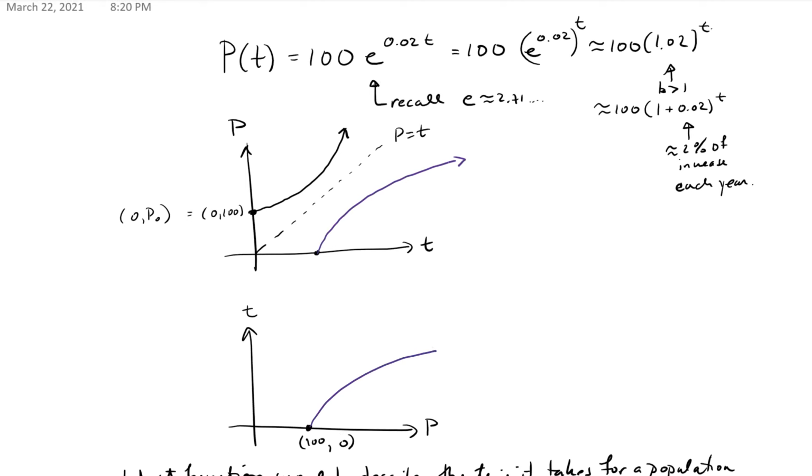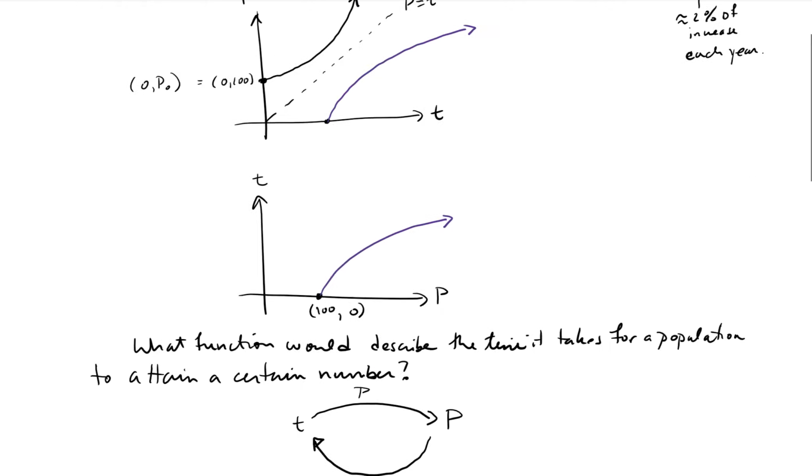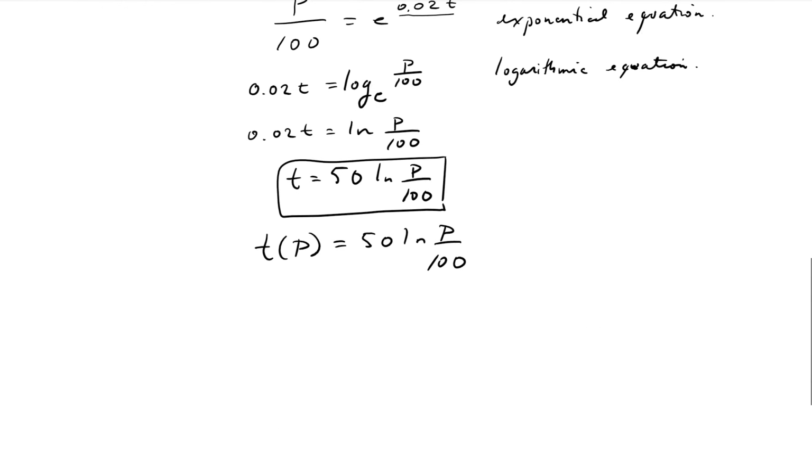So that's going to be a graph of our function. So I'll just add it below here. It'll look better. So it starts again at 100, 0. Because when t is 0, population's 100, and then it just goes up like that.